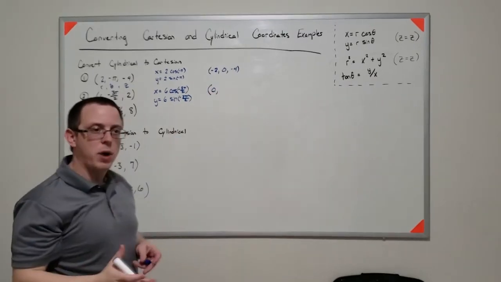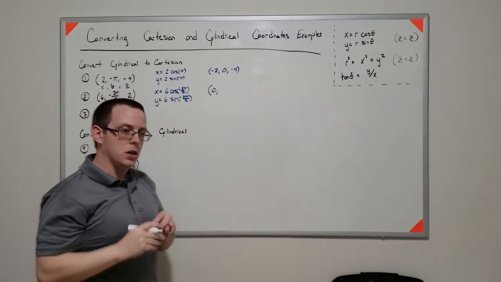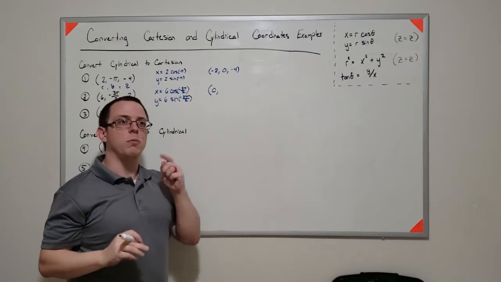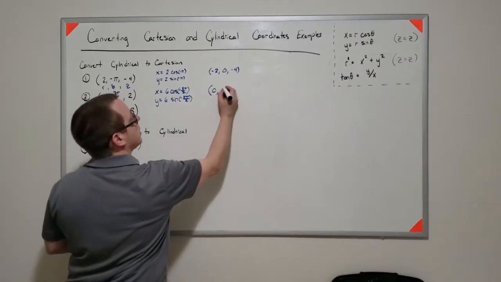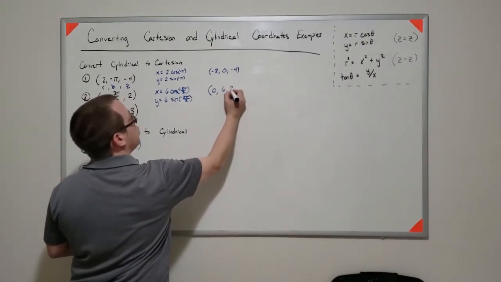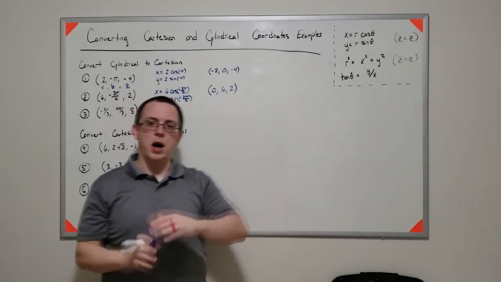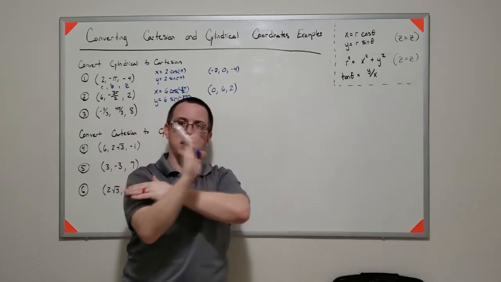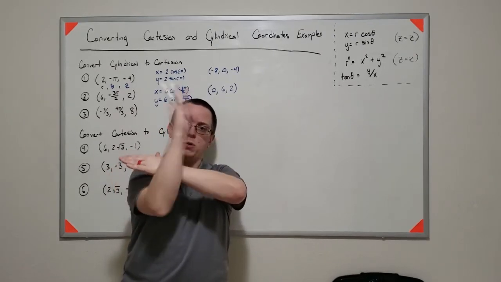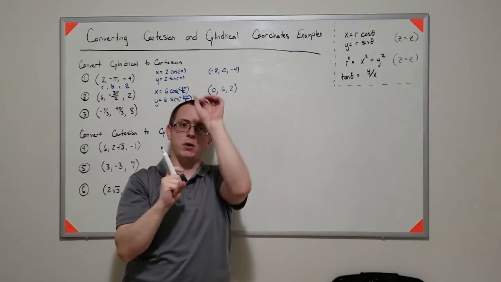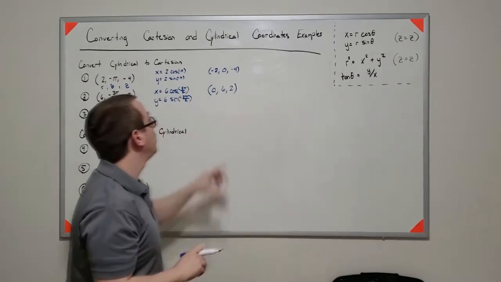Notice that -3 pi over 2 is equivalent from a unit circle perspective to positive pi over 2. So that's 0, 6, and then 2. And again, that makes sense. If we think of pi over 2, you have an xy axis, then you rotate up pi over 2, you should have a positive y value and 0 for the x coordinate.